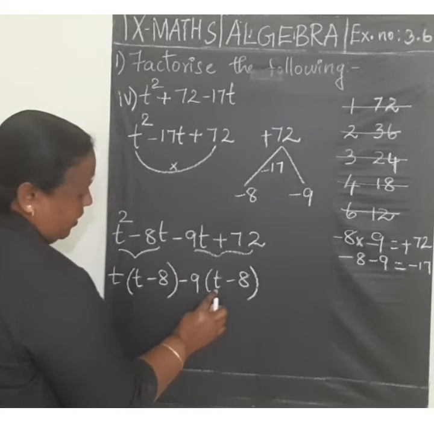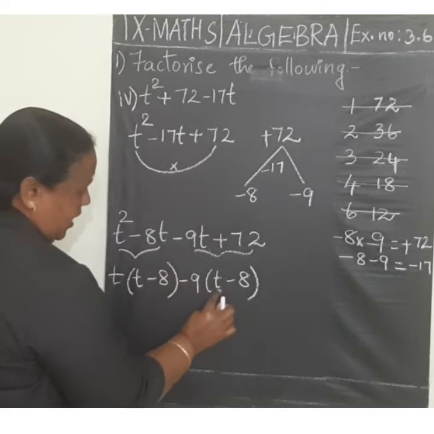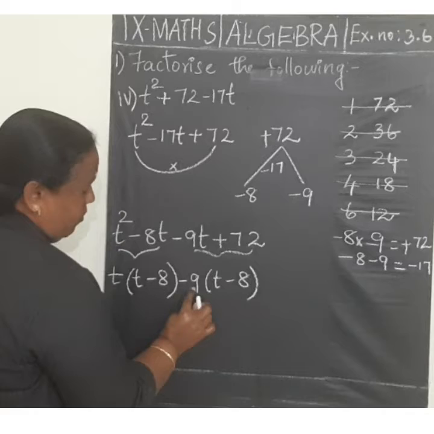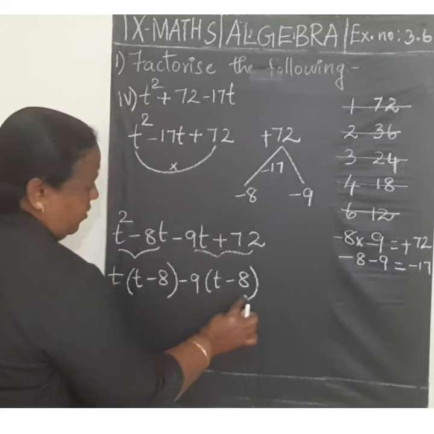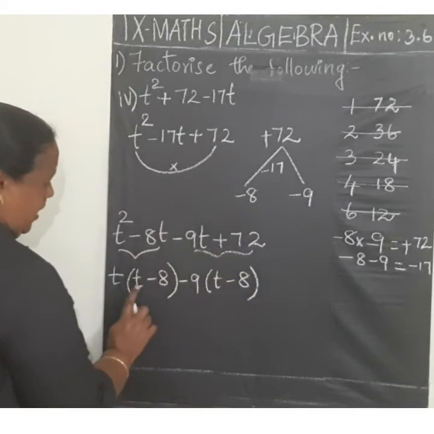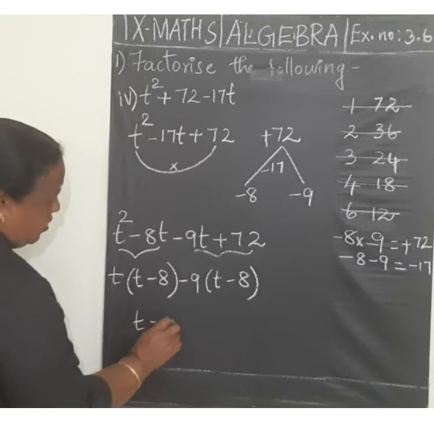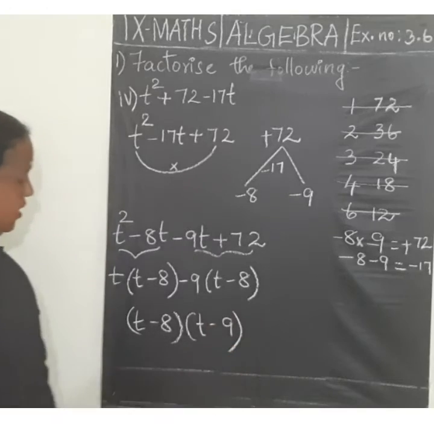When we multiply 9 into t, we get 9t with a minus sign, so minus 9t. Next, plus 72 is needed. So minus 9 into minus 8, minus into minus is plus, 9 into 8 is 72. Now we are getting minus 9t and plus 72. Now t minus 8 is common in both, so we take t minus 8, and the remaining term is t minus 9.